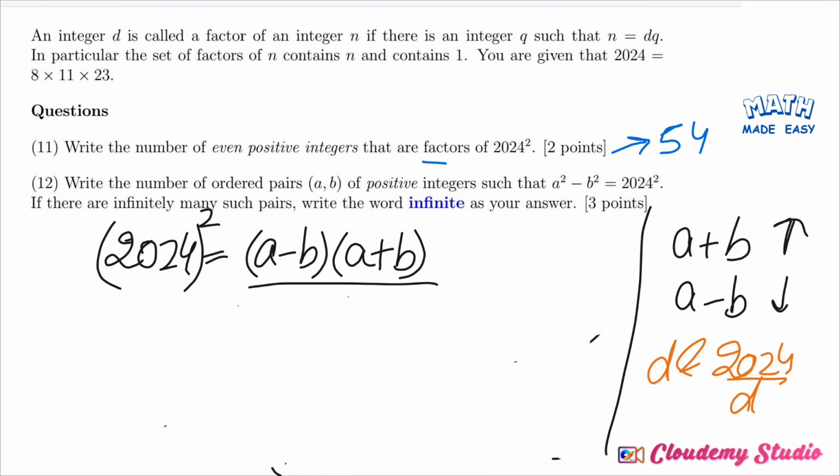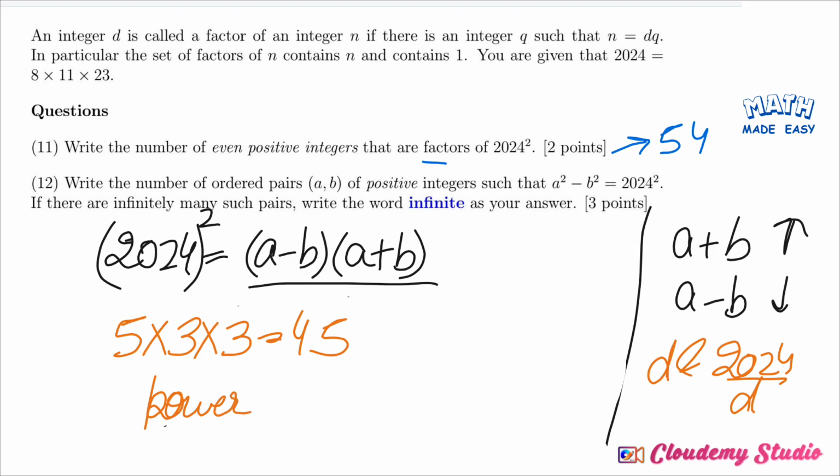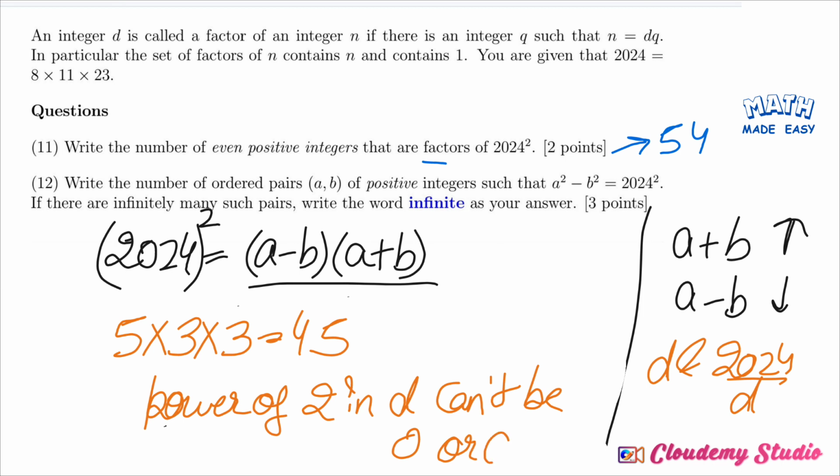If they are even, it is 5 cross 3 cross 3, which is 45. Why is it 5? Because the power of 2 in D cannot be 0 or 6.